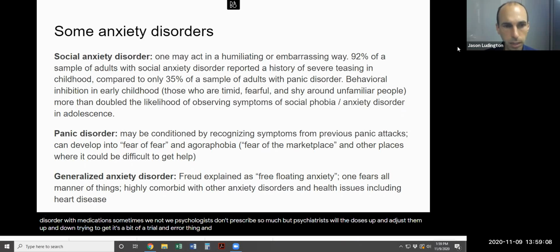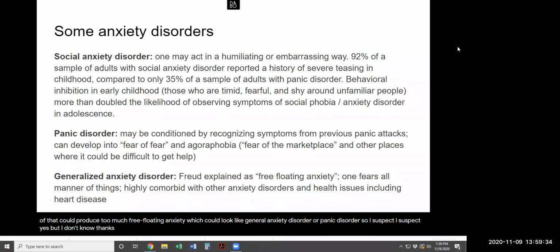And it's possible that too much of this and not enough of that could produce too much free-floating anxiety, which could look like general anxiety disorder or panic disorder. So I suspect yes, but I don't know. Okay, thank you. Thanks.